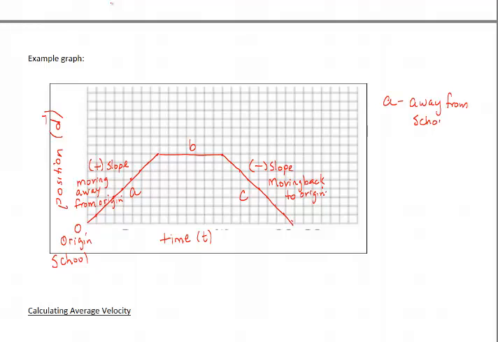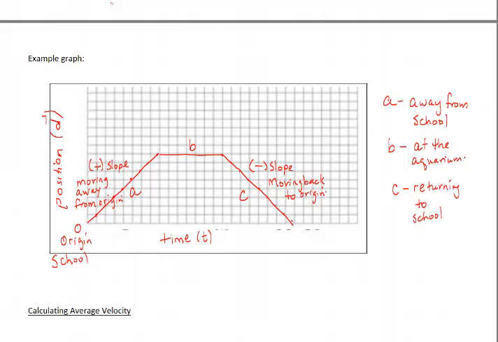And let's say we're going to the aquarium and we stop there for a period of time. That's where B is. The bus is stationary, it's not moving, and so its position isn't changing. And then it's time to go home. We all hop back on the bus at the aquarium and it starts moving back to the school. That would be C.